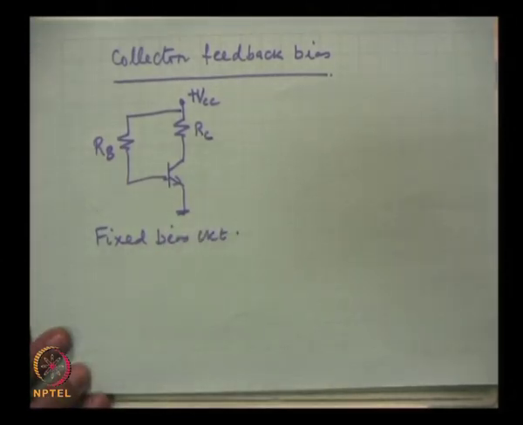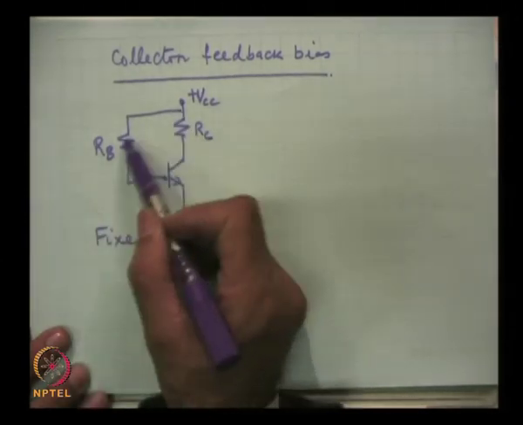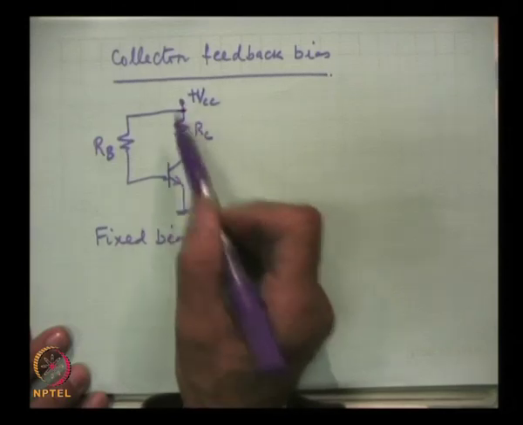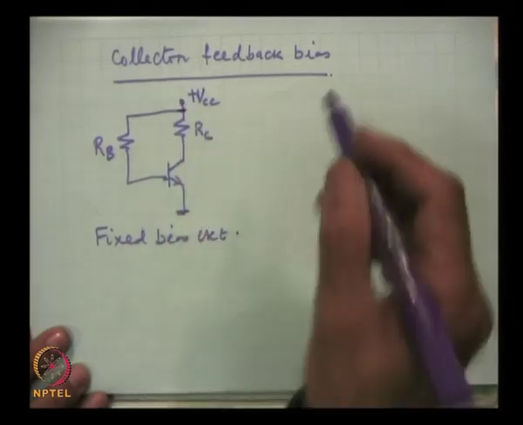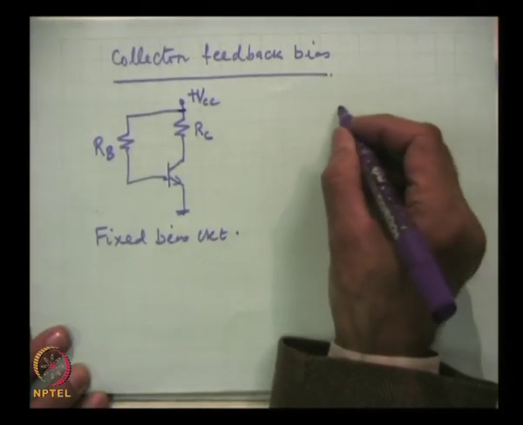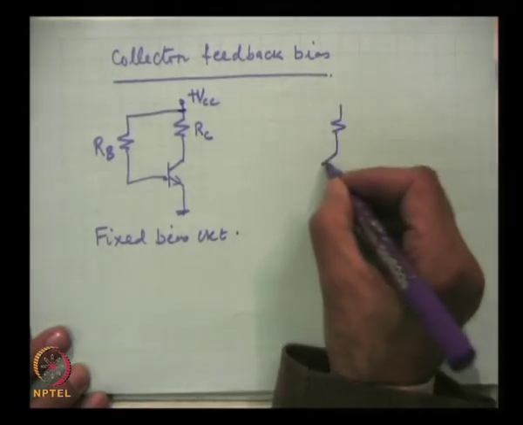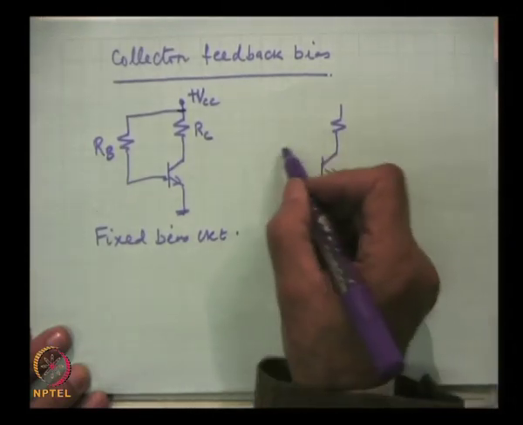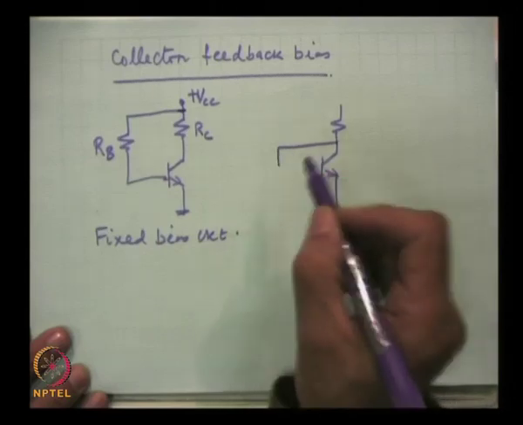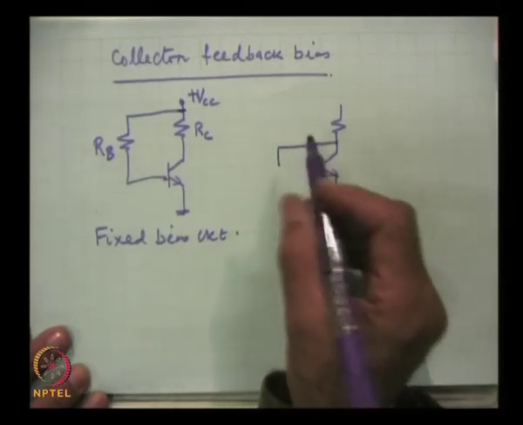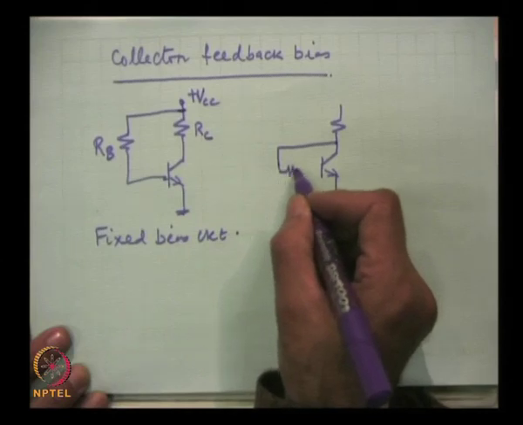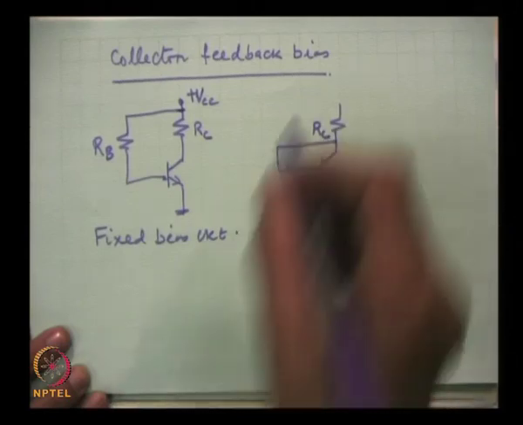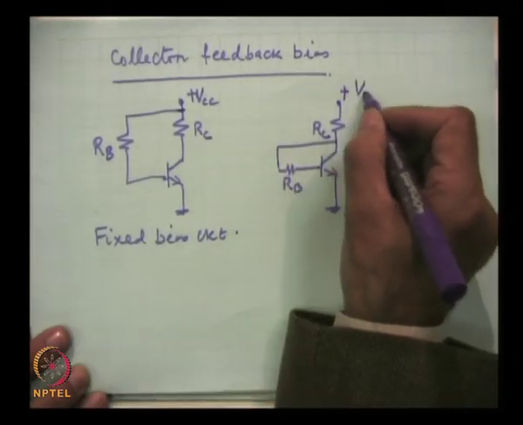We make a small modification that the terminal is not returned to battery, but we connect here, then the circuit becomes this. RB, RC and VCC.